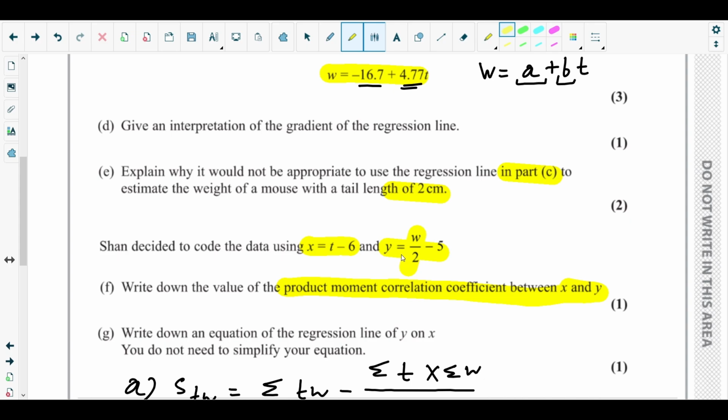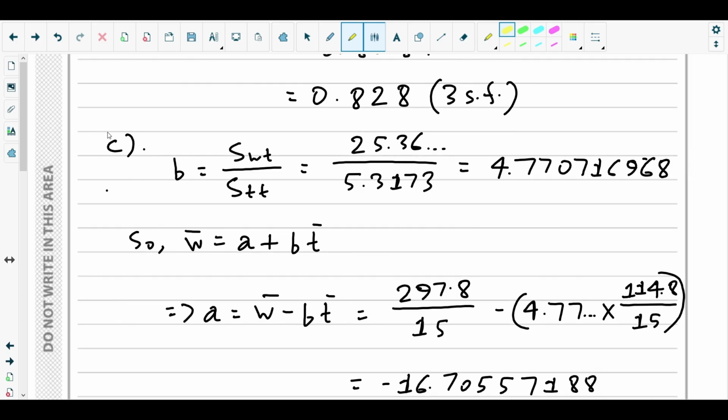We need to write down the value for the product moment correlation coefficient between x and y. If you have done chapter 2 from your Statistics 1 textbook, then you know that if you code data, the value for PMCC remains unaffected. Coding doesn't change the value of the PMCC.